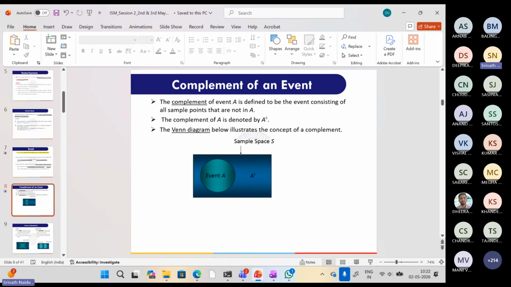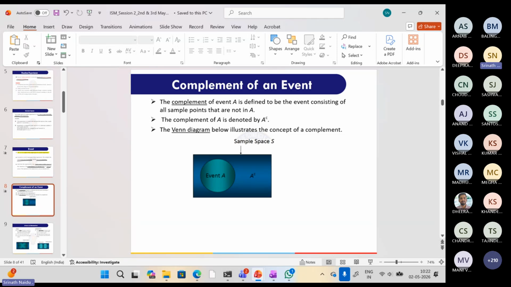I've formalized that notion using set theory. I used a set S to denote the sample space, which is the set of all possible outcomes, and sets E to denote specific events. Now I can use the language of mathematics to talk about probabilities.